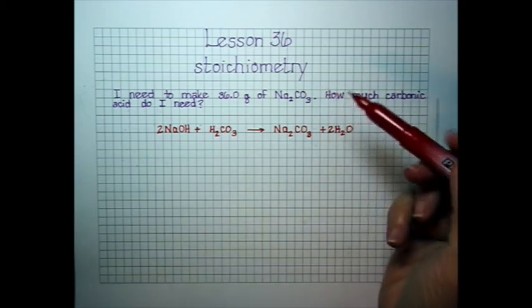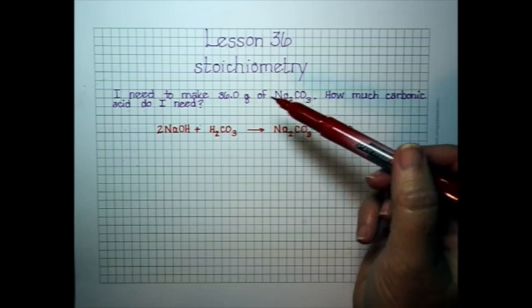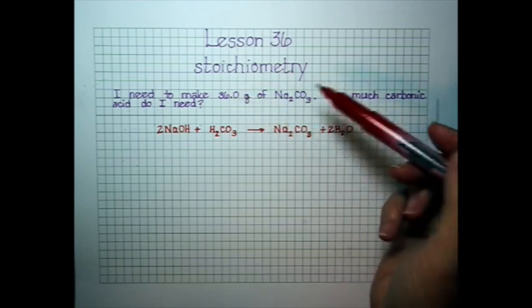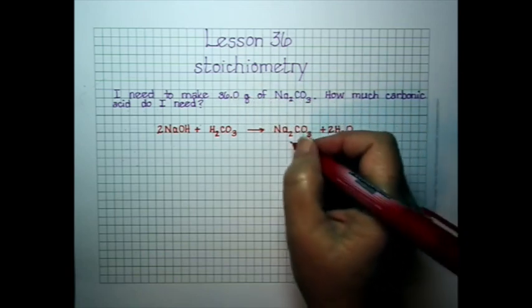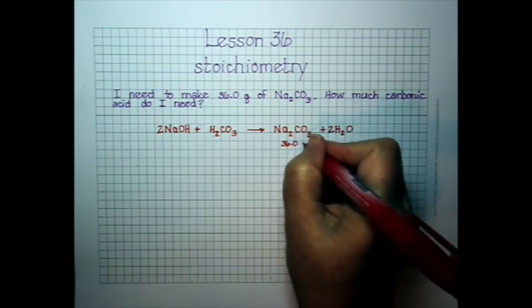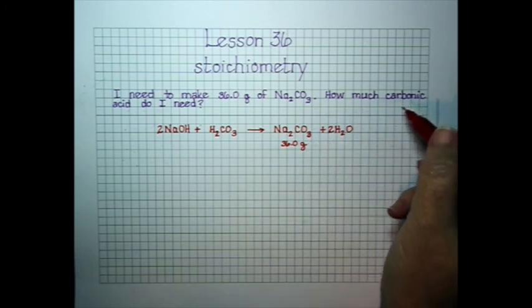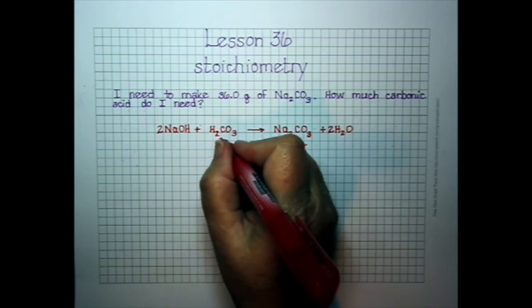All right, now I'm going to label the amounts that I know, and that's pretty slim pickings. I know I need 36 grams of sodium carbonate. So under sodium carbonate, I'm going to write 36 grams. And I need to know how much carbonic acid I need.